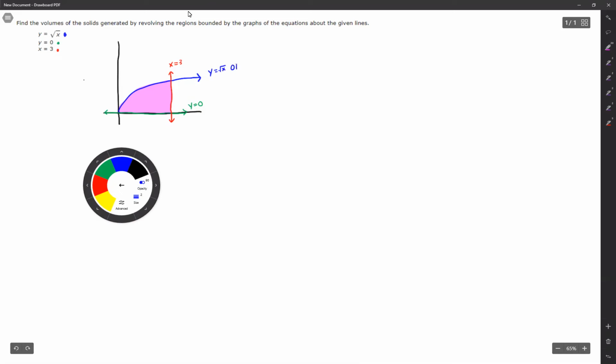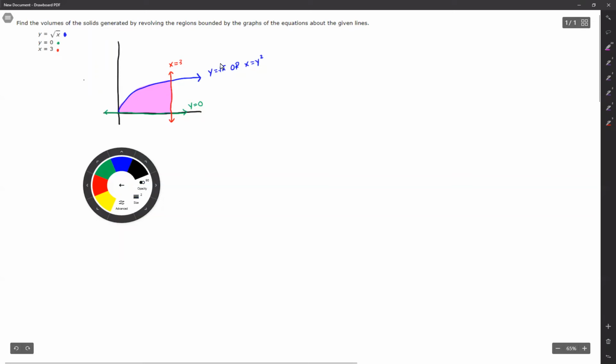Or you could also call it x equals y squared. And you can do that just by solving for x, just by taking that and squaring both sides. And depending on whether you're having to do the integration dx or dy, one of these might be preferable above the other.